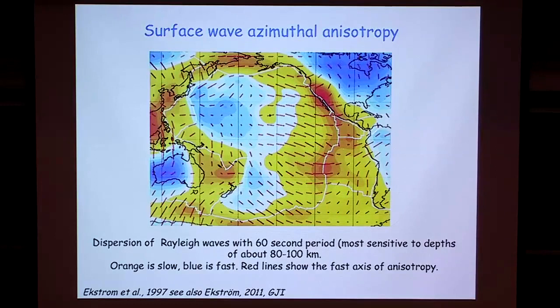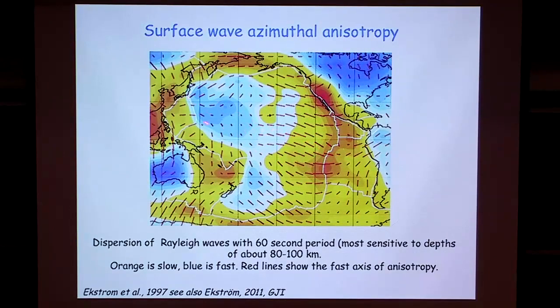And you can see from this figure some relationship already, like here near the Pacific rise, you see these bars are more or less trending perpendicular to the ridge. Then in this relatively young ocean, they are trending in the direction of absolute plate motion.